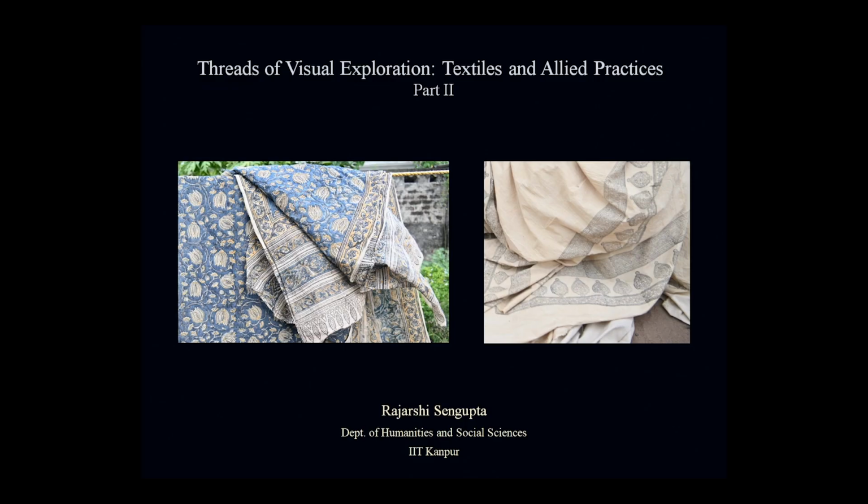In this course we will look into some of the aspects that we have already covered in Threads of Visual Exploration, Textiles and Allied Practices Part 1, and we will continue these discussions along with practical demonstrations.